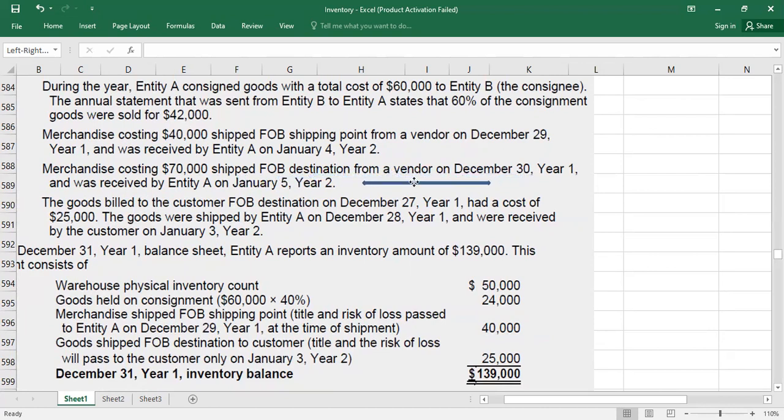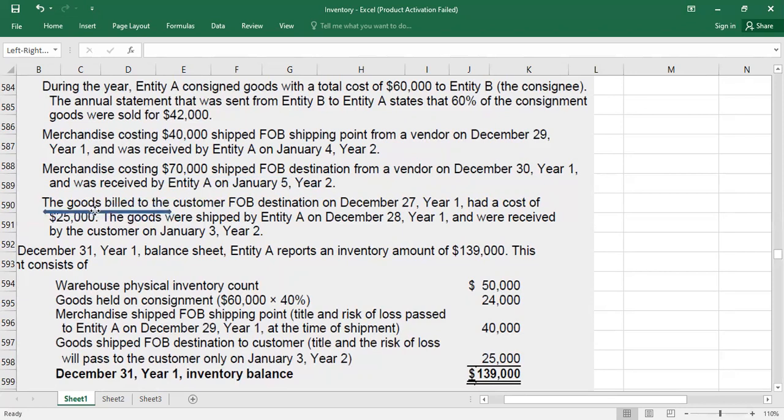It means you are a customer here. You just need to confirm the date of destination. These goods were received by entity A on January 5 year 2. It means by the end of the year, it had not reached the destination. So the buyer will not add back this inventory into his physical count because it hasn't reached the destination. So this requires no adjustment here.